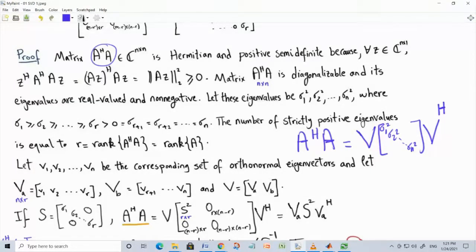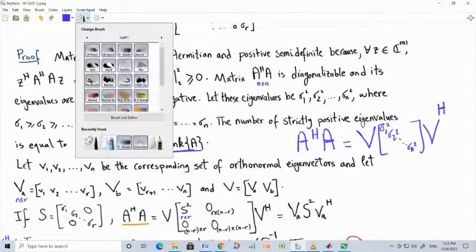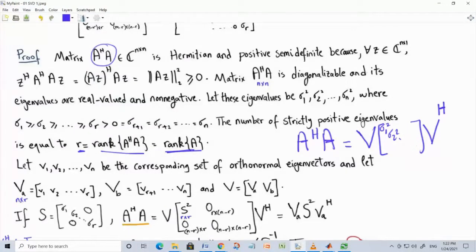So generally speaking, the sigmas that are strictly positive will be sigma 1 squared, sigma 2 squared, up to sigma r squared, where r is the rank of A, which is exactly the same as the rank of A Hermitian A. There is a possibility that some eigenvalues will be 0, and the other ones are defined, but they are also equal to 0.